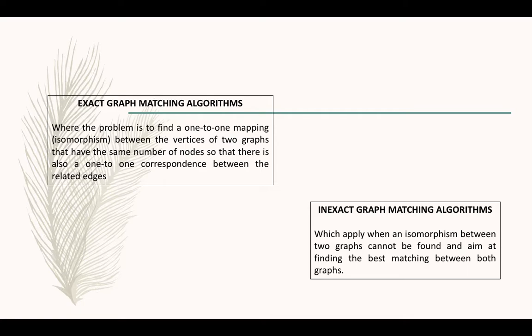The inexact graph matching algorithm applies when an isomorphism between two graphs cannot be found and aims at the best matching between both graphs.